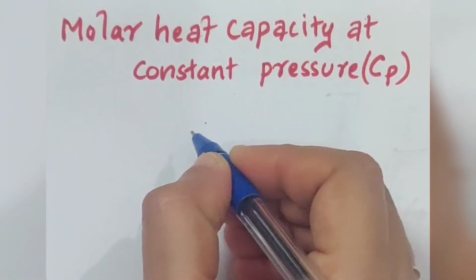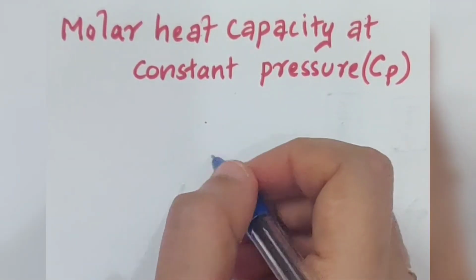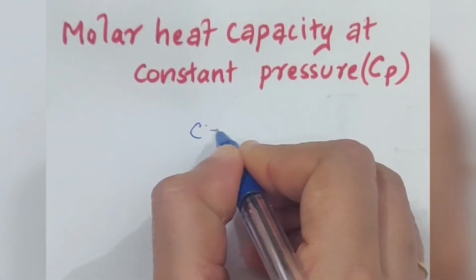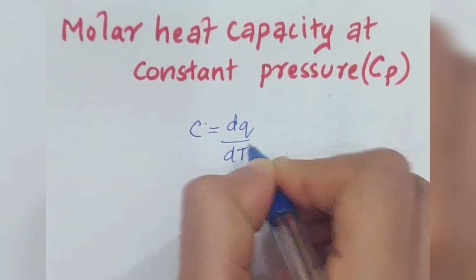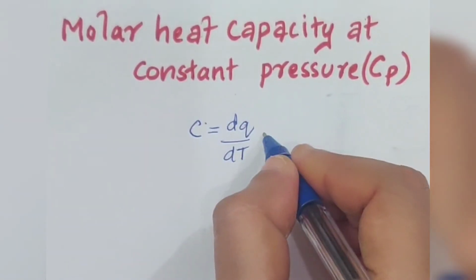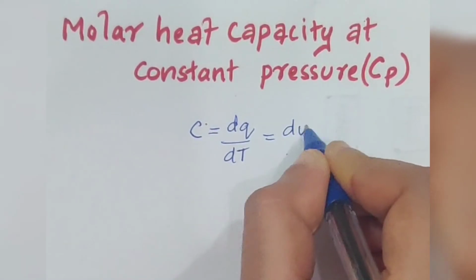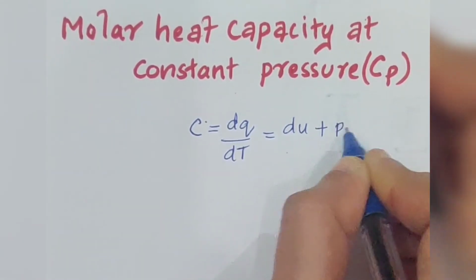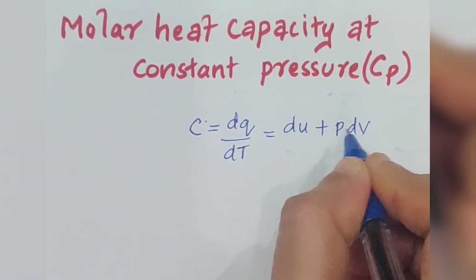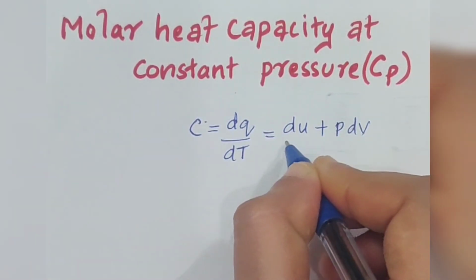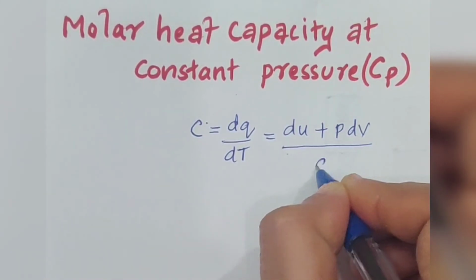Molar heat capacity at constant pressure, that is Cp. Let us derive the equation for Cp. C is equal to dQ by dT, that is, substituting dU plus PdV, divided by dT.